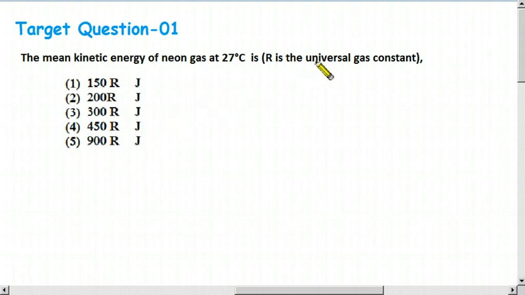R is the universal gas constant. In terms of R, you have to find out. So try to find the answer on your own, honestly. Pause the video without looking at my answer.